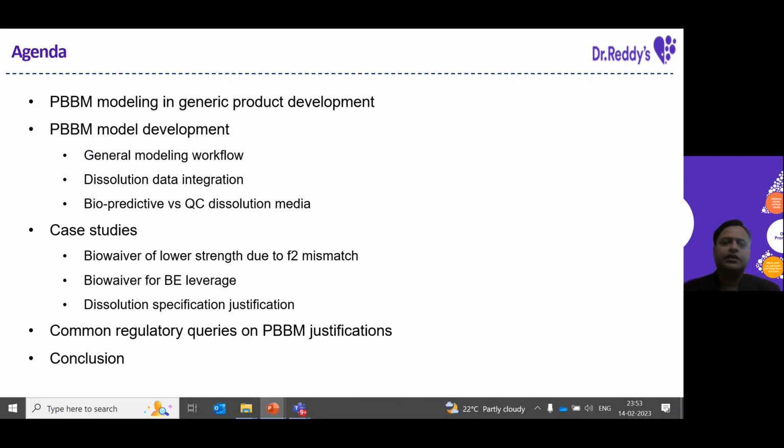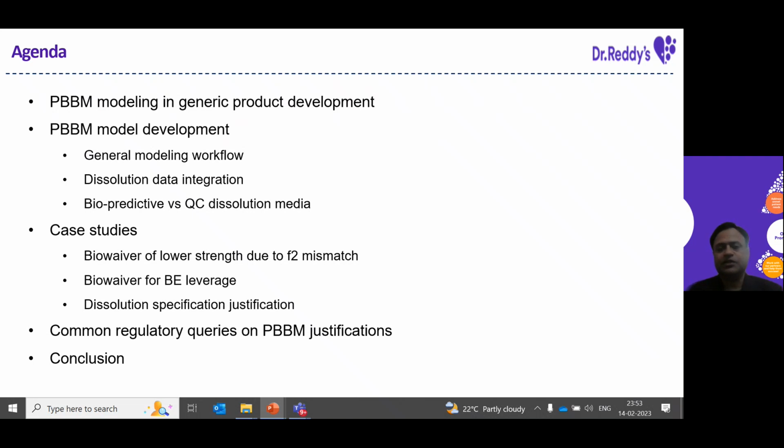So in the next half an hour of this presentation, I will be talking about what PBBM modeling is, primarily in the area of generic product development, in terms of PBBM model development, general modeling workflows, dissolution data integration, biopredictive versus QC dissolution media, and case studies.